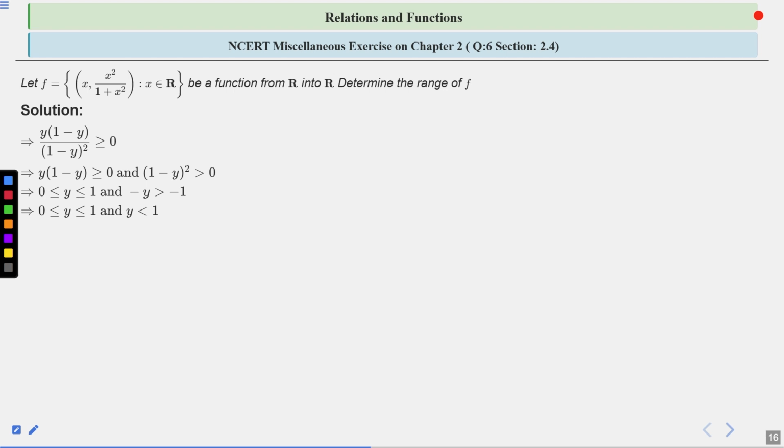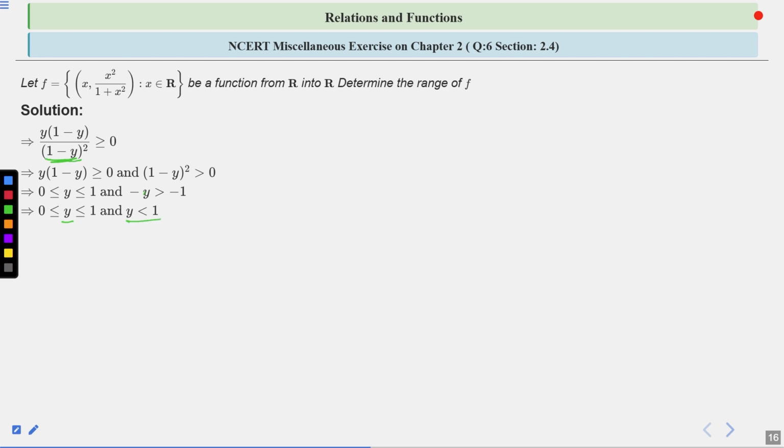So you are having now two conditions. One is that y must be greater than equals to 0 and less than equals to 1. And another one is that y cannot be 1. Which this condition is simply represented over here. Y is always less than 1. Why?